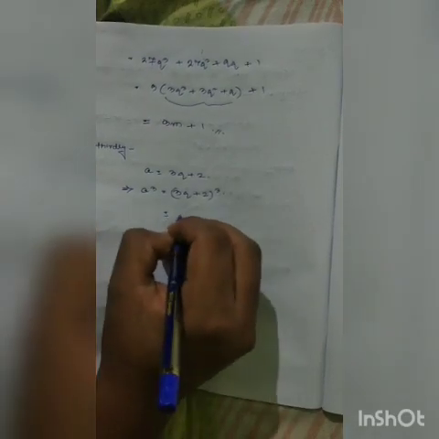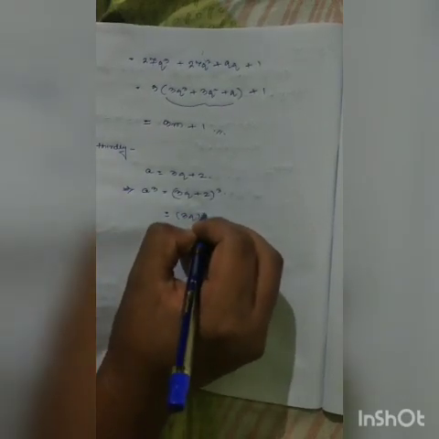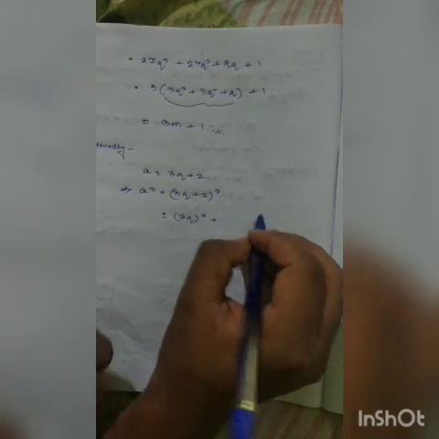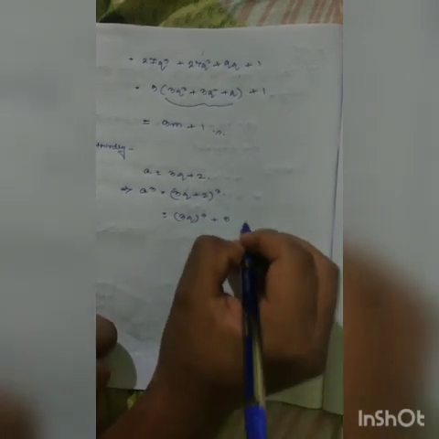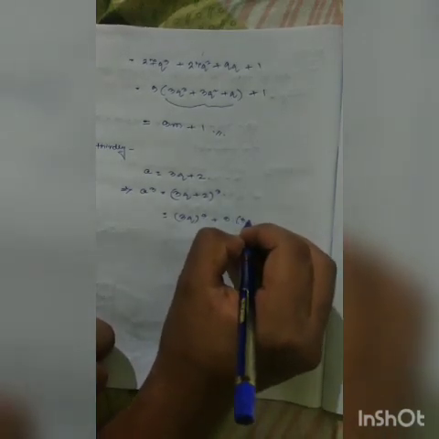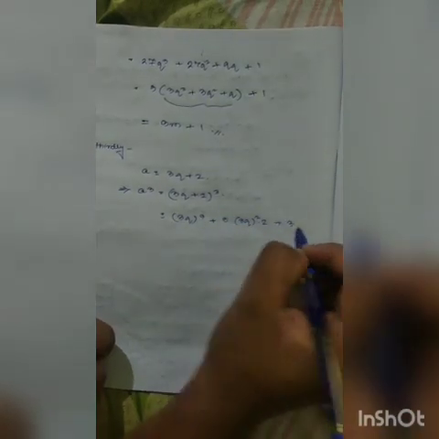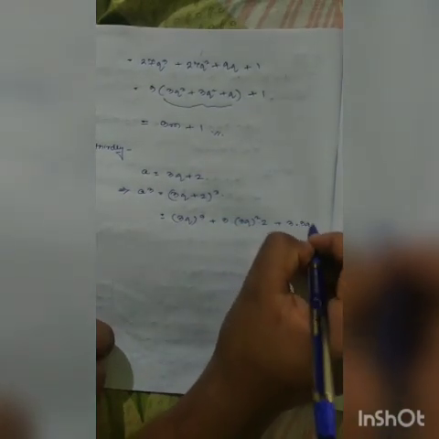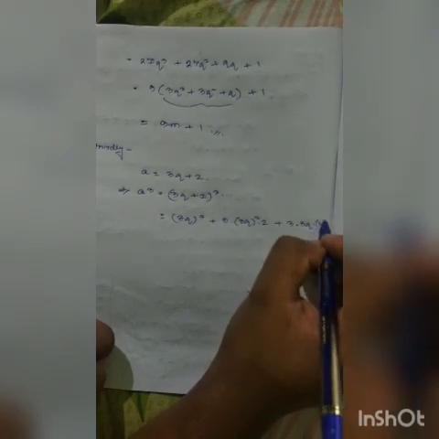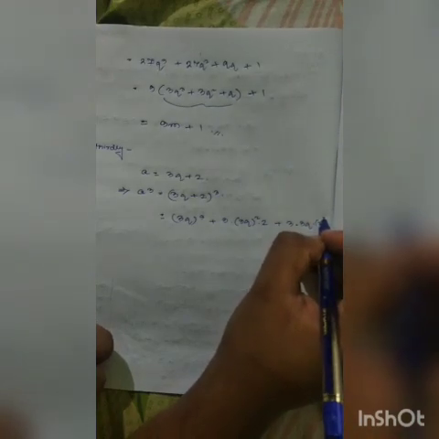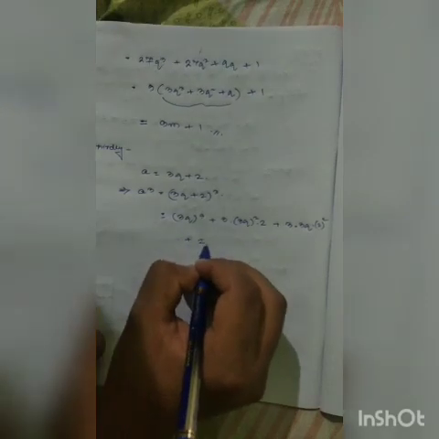So if we simplify it, we get (3q) cube plus 3a square b, that is 3(3q) square into 2, and 3ab square, plus 2 cube.